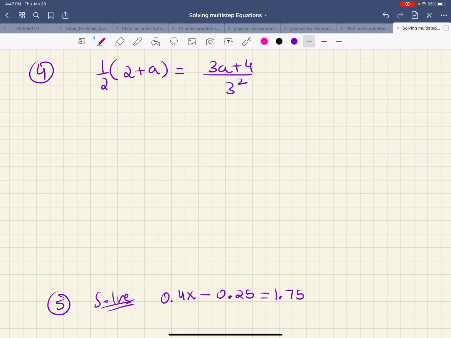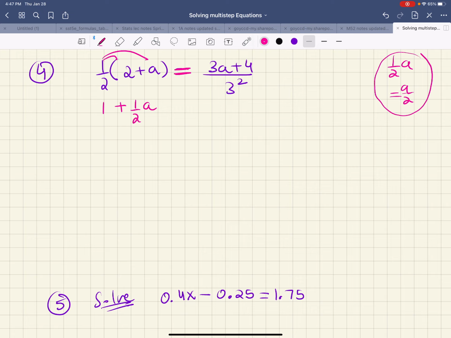Again, this one, left hand side and right hand side both have variables in them, and there's some simplification that needs to be done on both sides. Keep in mind, we are working with two different sides, and it's an equation. Okay, let's start with the left hand side. There is a distributive property that I need to start with. 1/2 times 2 is 1, and 1/2 times a is 1/2 a. 1/2 a is the same thing as a divided by 2, okay?